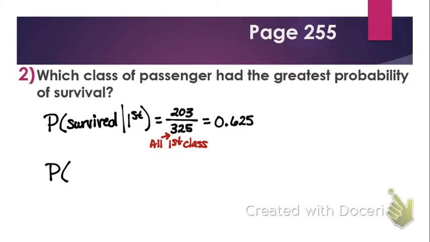So what's the probability that somebody survived if I know they were a second-class passenger? How many second-class passengers survived? 118. What should my denominator be this time? 285. This is all my second class.